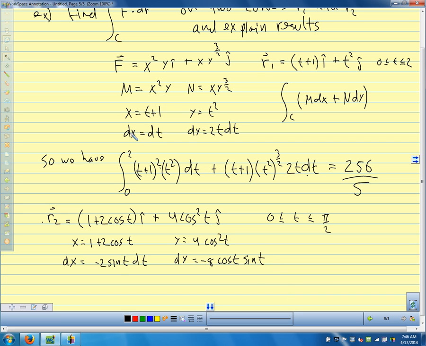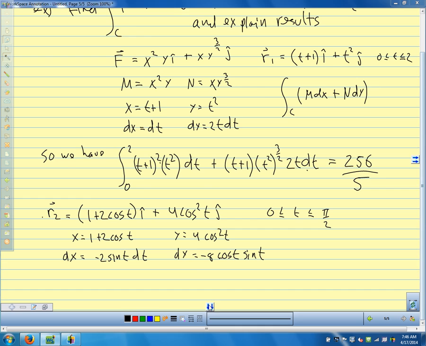And then I'm going to substitute these in for x and for y, for my M and N in my line integral for this second curve.